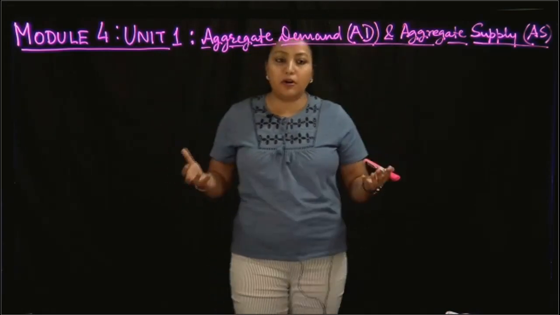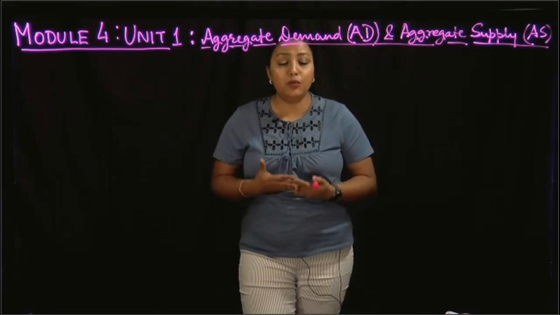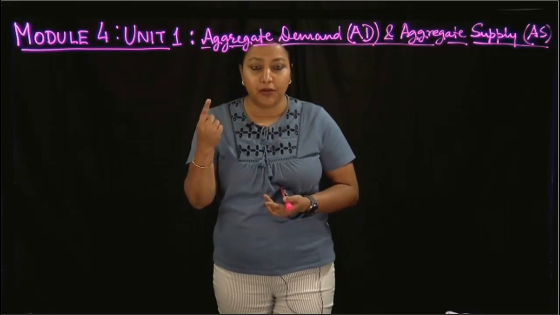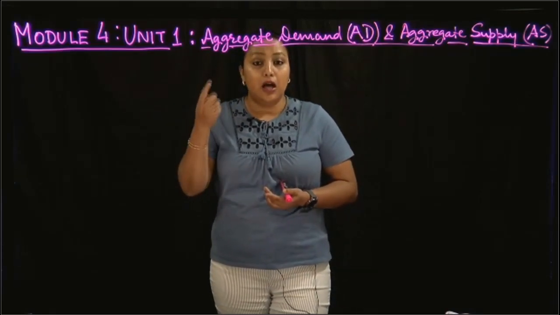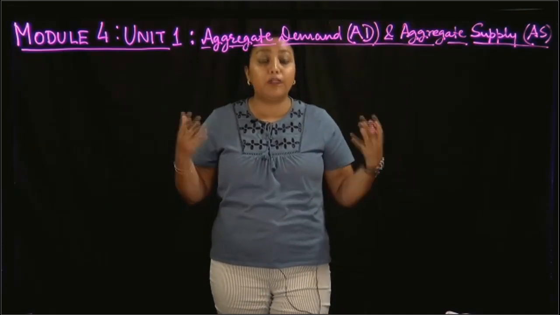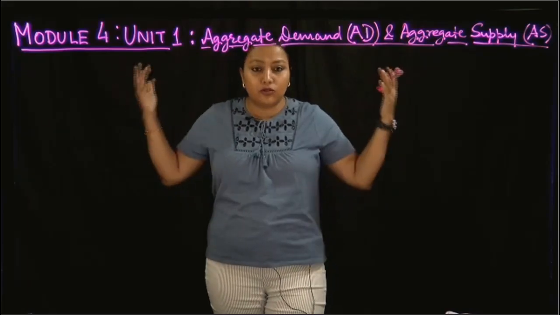If you remember, in microeconomics when we talked about demand and supply, we were talking about the market for one particular commodity. We were looking at the market price and the quantity demanded or supplied of that one commodity. It could be ice cream, a textbook, apples, oranges, anything.